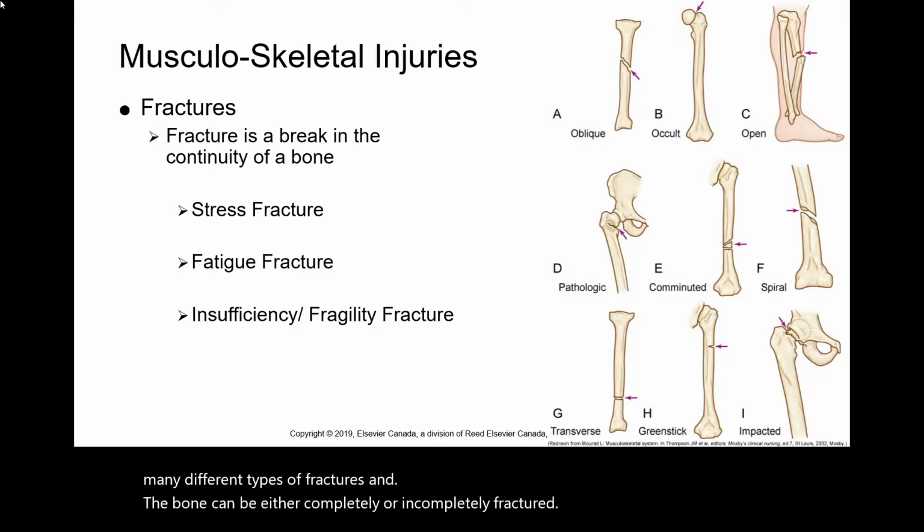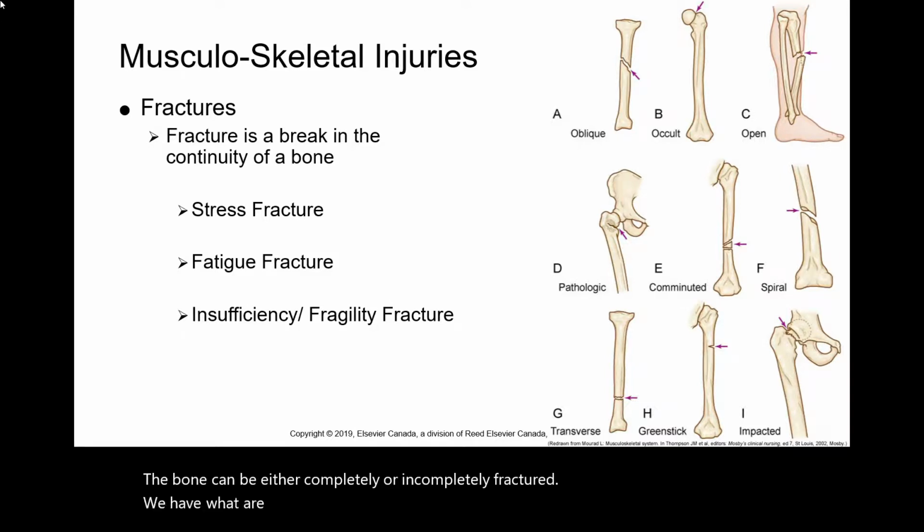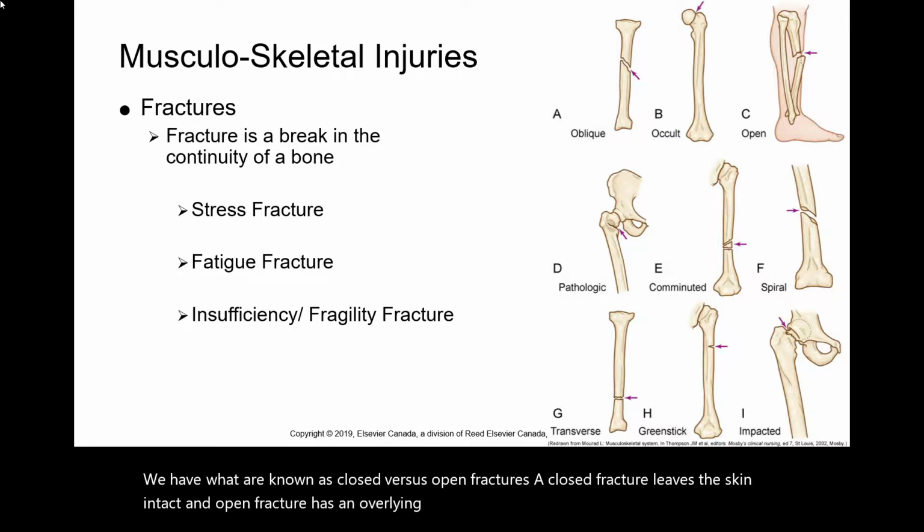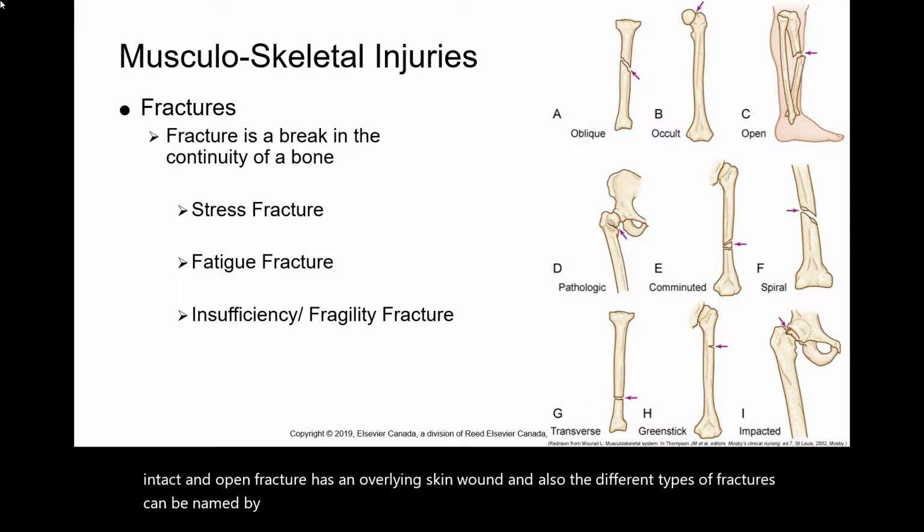We have what are known as closed versus open fractures. A closed fracture leaves the skin intact, an open fracture has an overlying skin wound. Also, the different types of fractures can be named by the direction of the fracture line. So they can be linear, oblique, spiral, or transverse in nature.